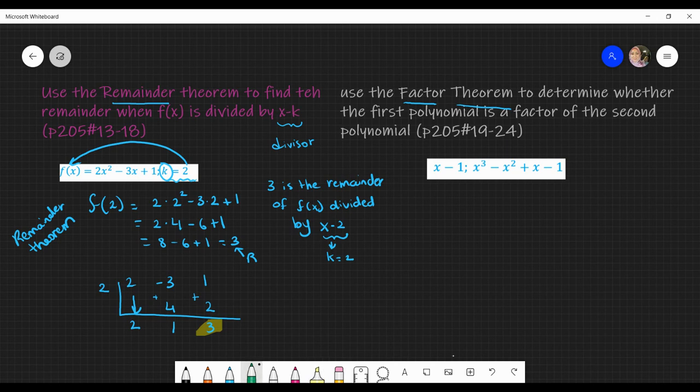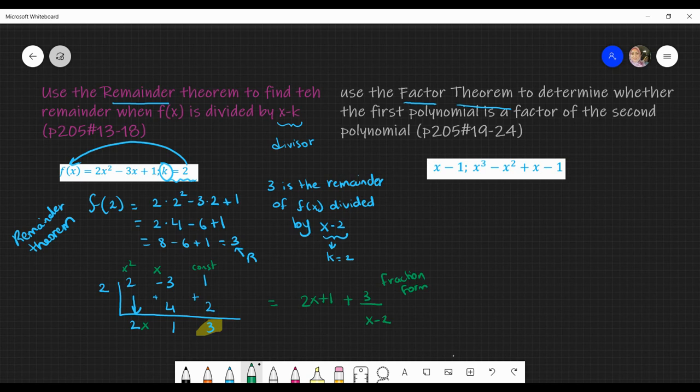Now the synthetic division gives us more because it tells us more specifically, so this was x squared, this was x, this was the constant, 2x plus 1 plus 3 over x minus 2, which is the divisor. So this is what we call fraction form, the answer in fraction form.